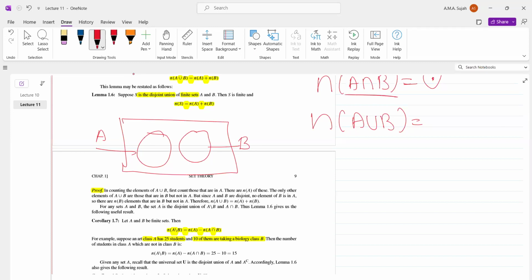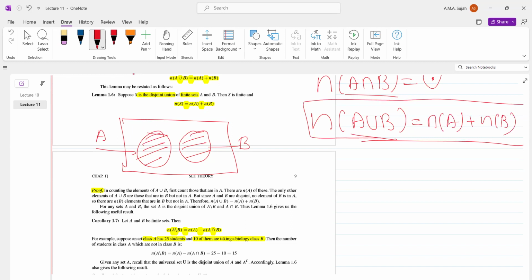If sets A and B are disjoint, then A intersection B is 0. There is no intersection. Similarly, A union B means you need to get all the elements of A and all the elements of B. So you need to find the number of A plus the number of B. This is the equation to find the number of elements in A union B.